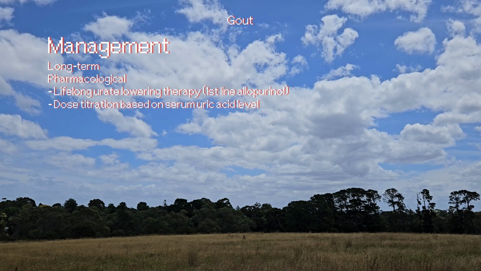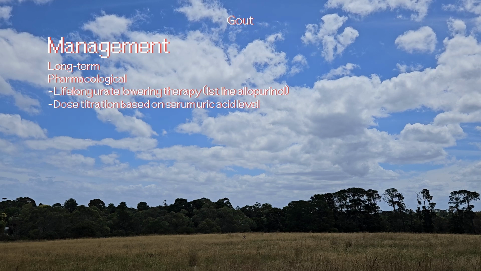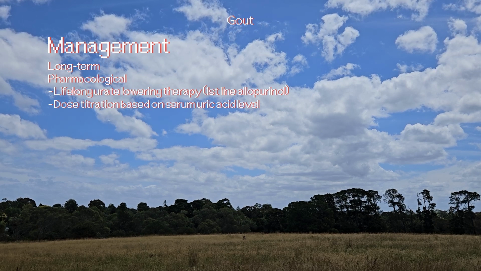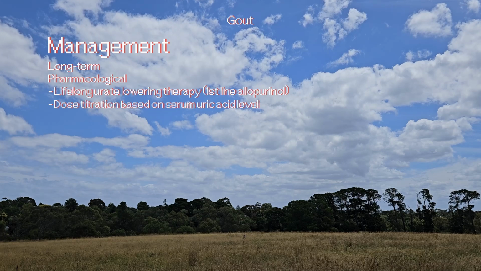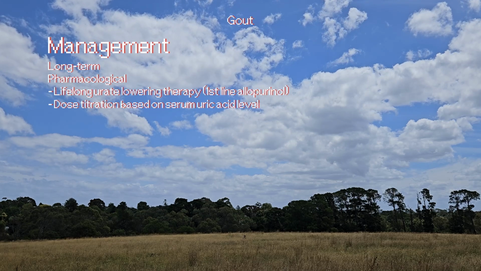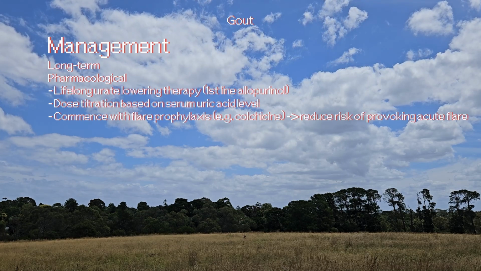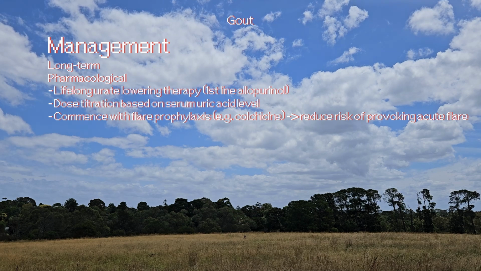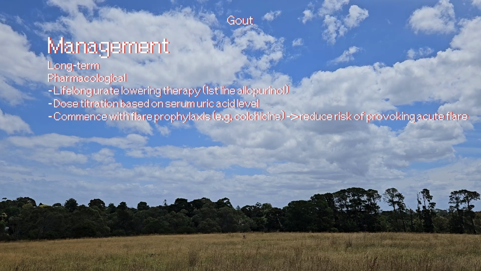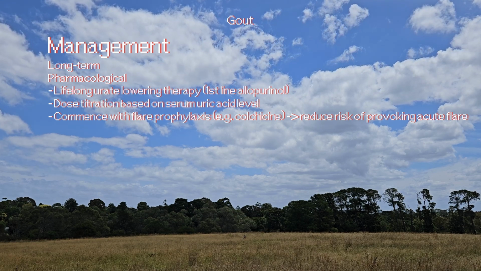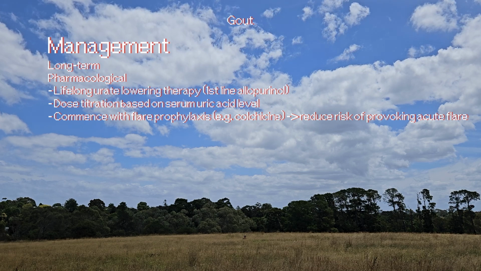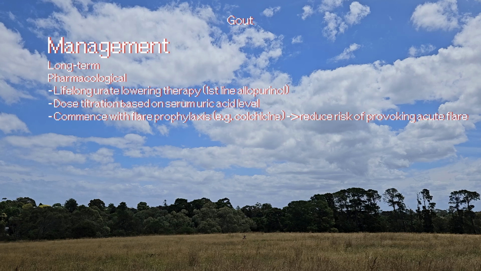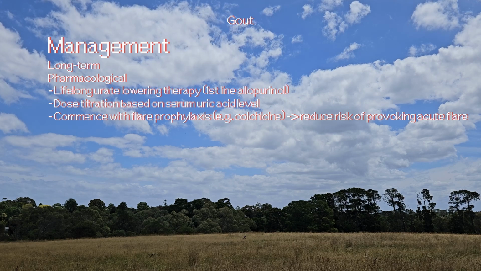So it may actually decrease their level quite quickly, which makes them at a higher risk of getting a gout flare when you're titrating the dose. Because of that, when you're starting someone on a medication like allopurinol, you want to make sure that you have flare prophylaxis as well at the same time. So that would mean practically commencing allopurinol and colchicine at the same time to lower their uric acid level, whilst also reducing their risk of having an acute gout flare whilst you're titrating the dose and sort of mucking around with their uric acid level a bit.